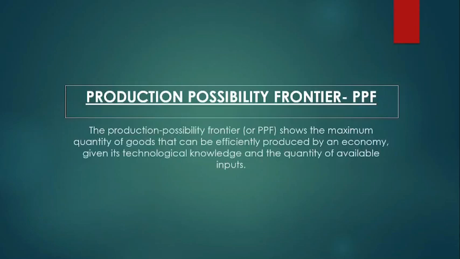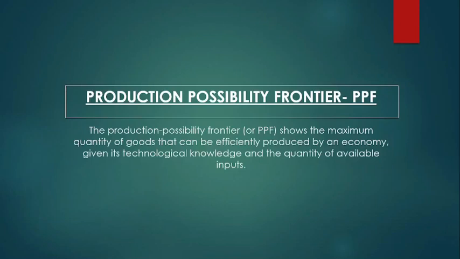So the Production Possibility Frontier is a concept used in economics to illustrate the maximum output combinations of two goods or services that an economy can produce given its resources and technology. Assuming full utilization of resources and efficiency, it shows the trade-offs between producing different goods, as increasing the production of one typically requires sacrificing some of the production of the other.